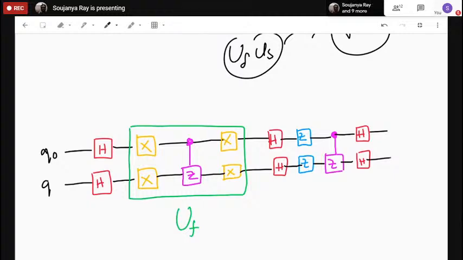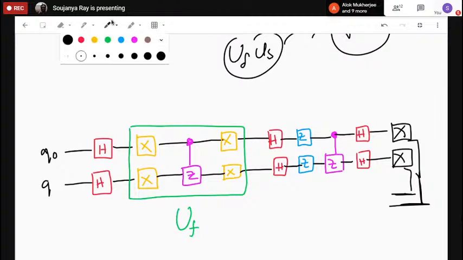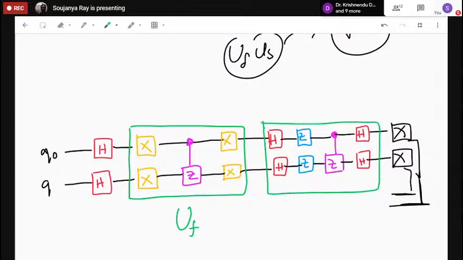And lastly, we measure. And measuring means we actually drop them into classical bits so that they are stored. So this part that we drew is the US oracle.